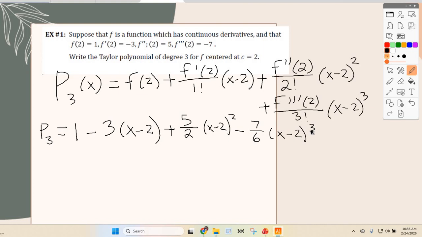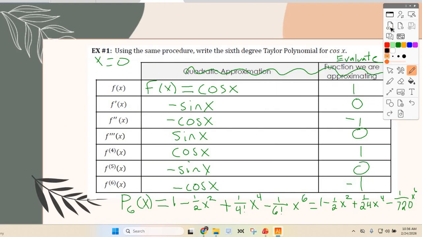However, let's go back a bit. What would happen if I asked you to find, instead of saying a 6th degree, a Taylor polynomial approximation for cosine with 4 terms? What would I have to go out to? The third derivative?